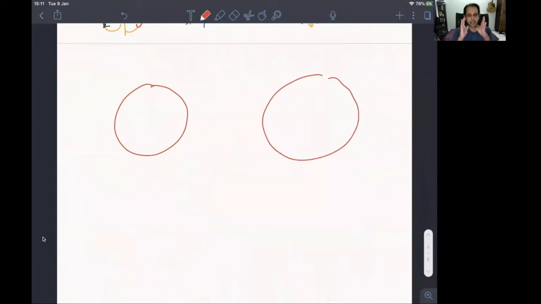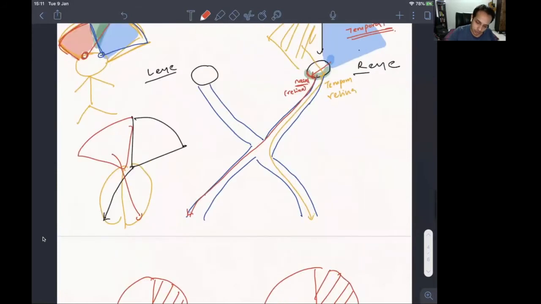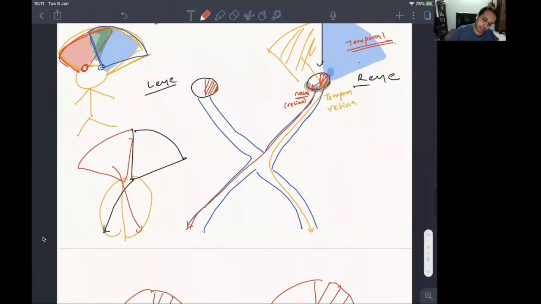And if there is a field defect in the right side of both the eyes, then that means that the defect is somewhere on this side of the brain.